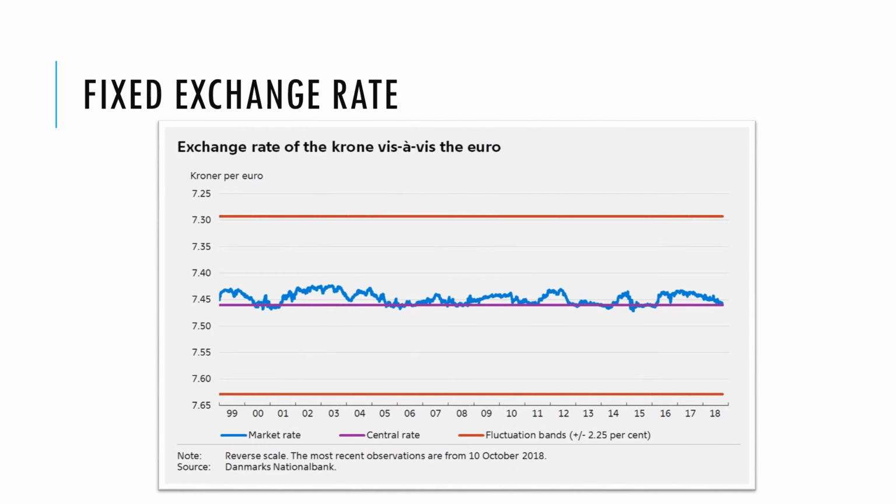Another example of a fixed exchange rate is the Danish krone against the euro. Here are the bounds that the Danish government set that the currency has to stay within, and we can see that generally speaking over time the value has been very tightly fixed against the euro, roughly 7.45 krone for 1 euro.